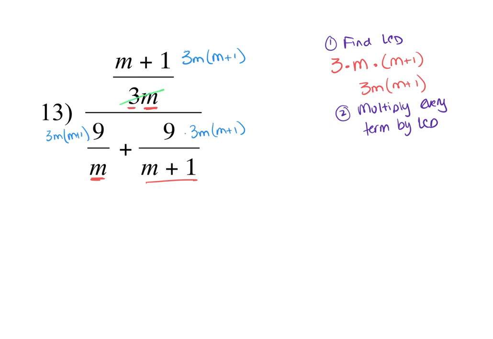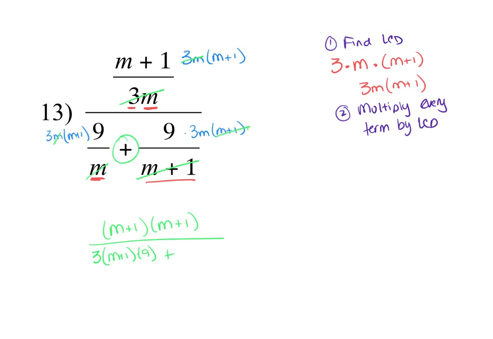So this 3m cancels with that 3m, and I'm left with just the m plus 1, m plus 1. That is my numerator so far. In the denominator, I can cancel an m here, and I'm left with 3 times the m plus 1 times the 9. Here, I cancel the entire m plus 1.